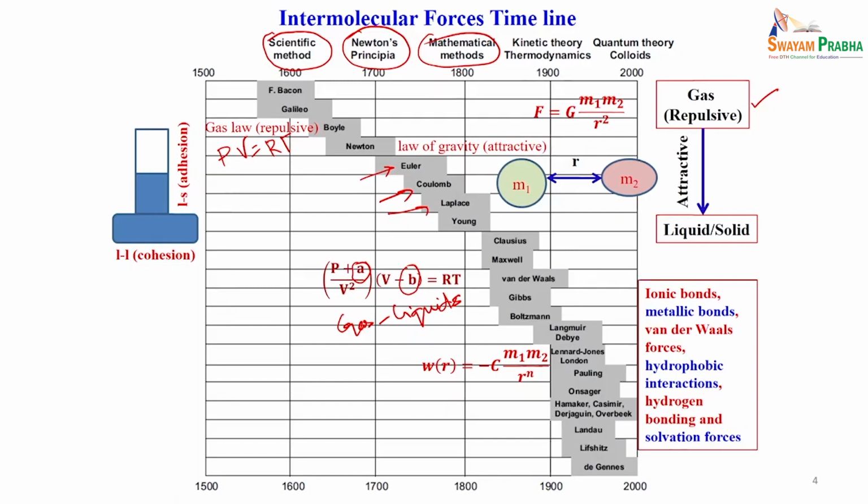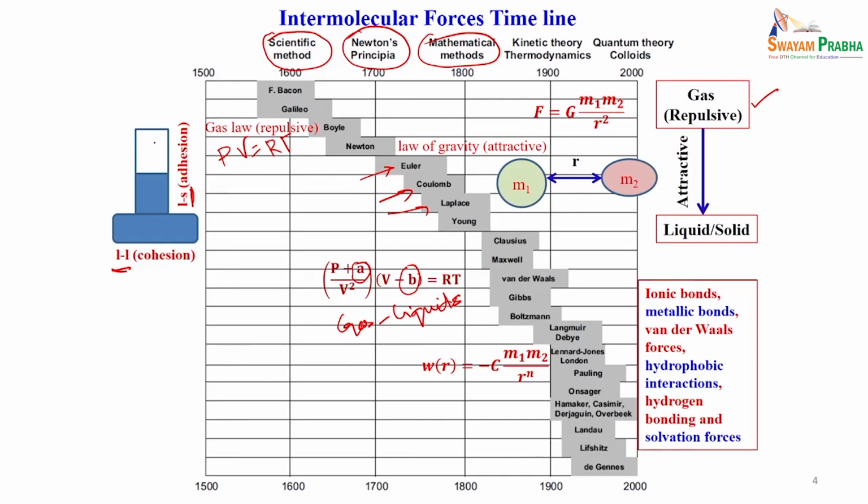One classical example of attractive and repulsive forces is capillary. If we just see capillary, there are two kinds of interaction. One is the liquid-liquid interaction, between liquid molecules, and the second is the liquid-solid interaction. This is called cohesion, this is adhesion.